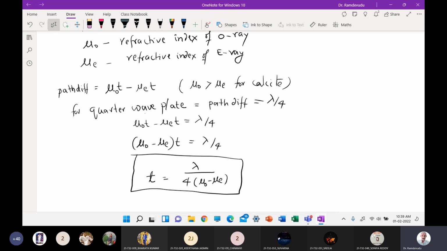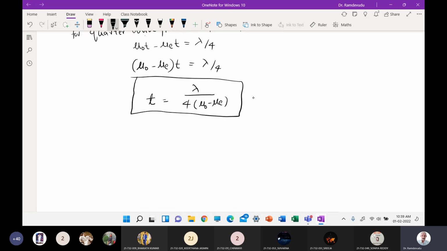This is for the quarter wave plate. Now, can anyone tell me what should be the formula for a half wave plate? So how do you define a half wave plate?